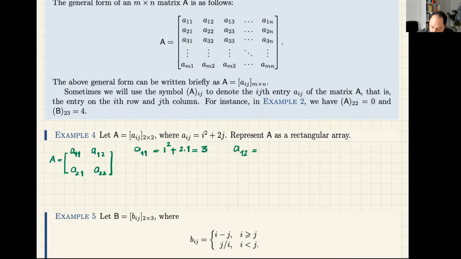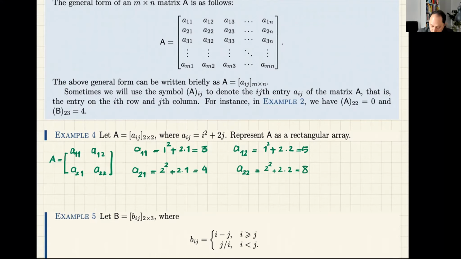So I need to square the row index, multiply the column index by 2 and add them. So this becomes 5. And then A21 is 2 to the 2 plus 2 times 1. The answer is 6. And finally, A22 is 2 to the 2 plus 2 times 2. So the answer is 8.